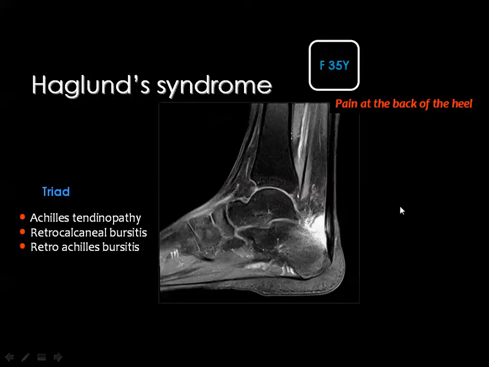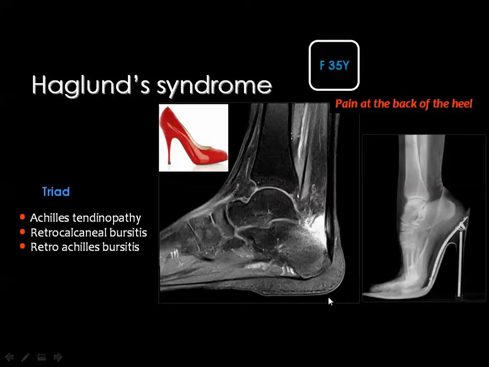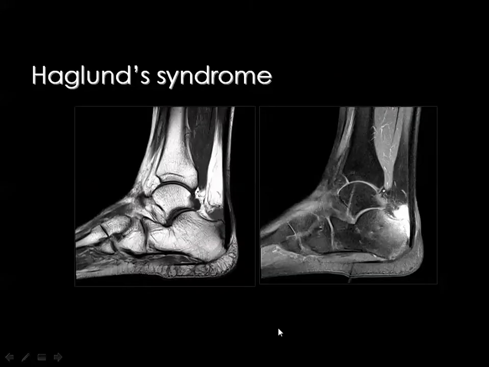This Haglund syndrome is very common in females who wear very high heels, which put too much stress on the region of the Achilles tendon, resulting in inflammation of the tendon and also inflammation of the bursa deep to it and the subcutaneous tissue superficial to the tendon. Then the triad of Achilles tendinopathy, retrocalcanean bursitis, and subcutaneous inflammation is known as Haglund syndrome.